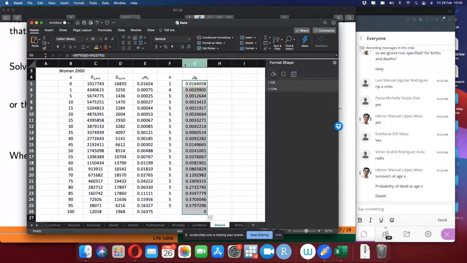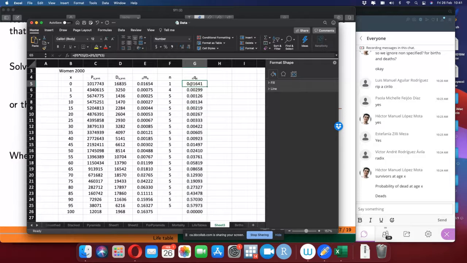Okay. And we can double click in this. At the beginning, it's going to be really similar, but then we're going to start having differences when we move in our age groups. What happens here? We didn't have the value of n, so this is resulting in a 0.